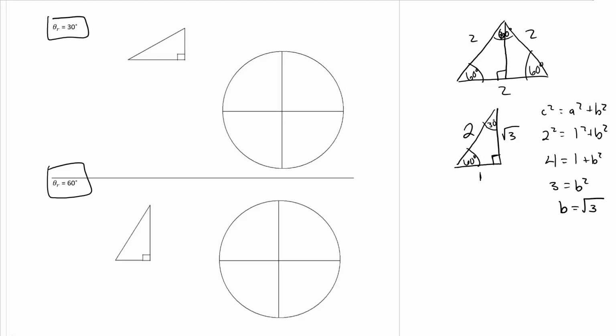So let's use the lengths that we have kind of made up here and put them onto our two different models here. So the reference here is 30. So 30, what's opposite of 30 is 1. So this length is going to be 1. The hypotenuse is going to be 2. And the remaining length is going to be root 3. Let's do the same thing here. And we know that this right here is 60.